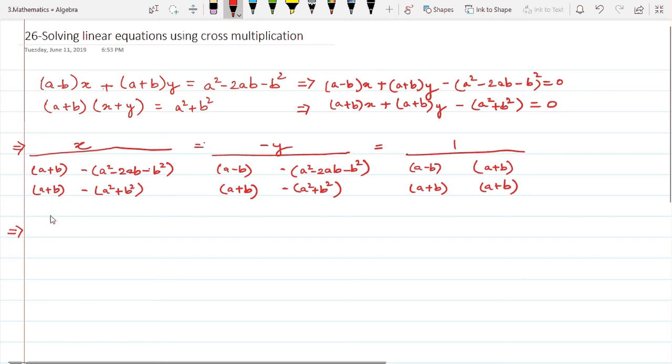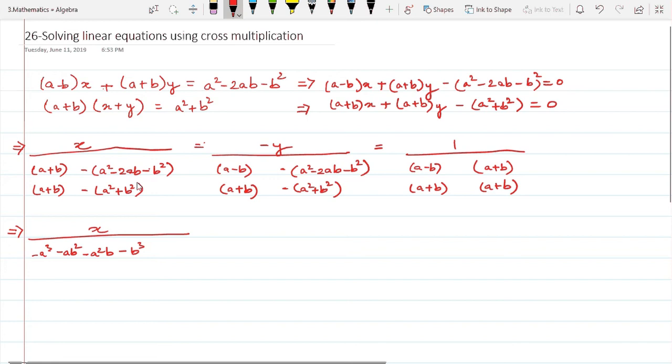Now I will solve for x alone first. When I solve for x alone, I get x divided by, first I open this with a, so I get minus a cube minus ab squared. Then I open it with plus b, and I get minus a square b minus b cube.